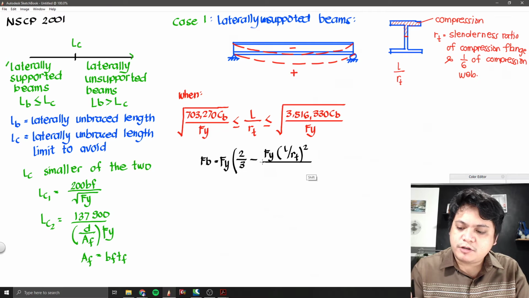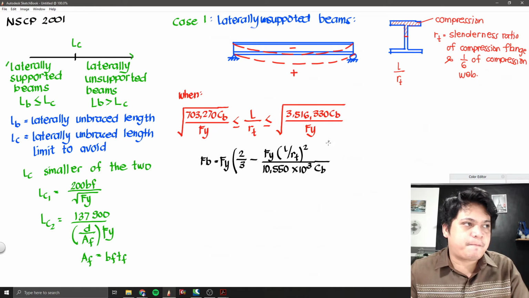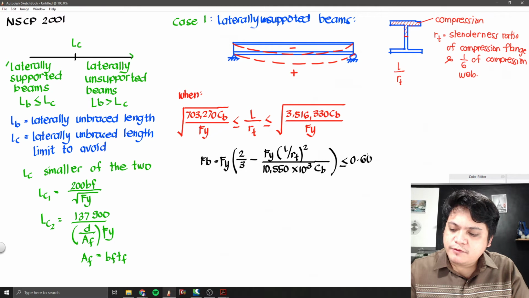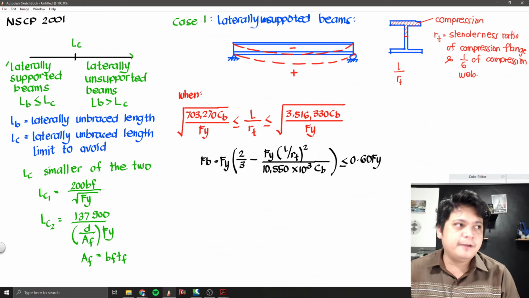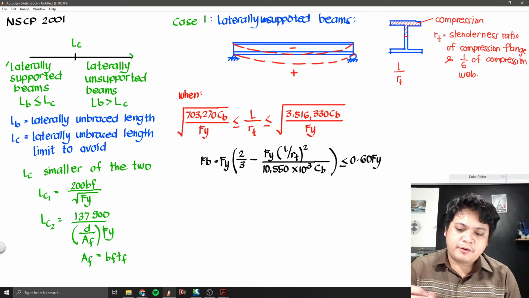What I am getting is from the NSCP: 10,550 times 10 to the 3 CB. Again, it should not exceed 0.6 of Fy. That is the first criteria, or we have FB1.